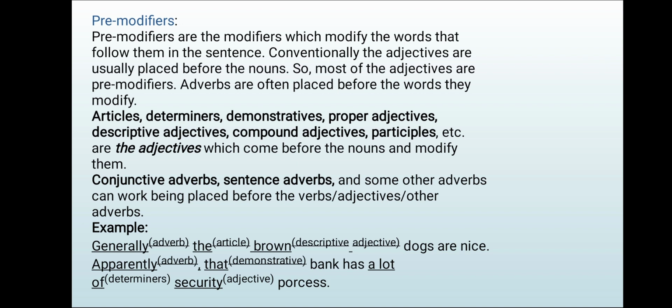Okay, let's take an example to make clear the sense of pre-modifiers. Generally, the brown dogs are nice. Here we got three modifiers in one sentence. Generally is an adverb, the is an article, and brown is a descriptive adjective which sits before dogs to pre-modify.